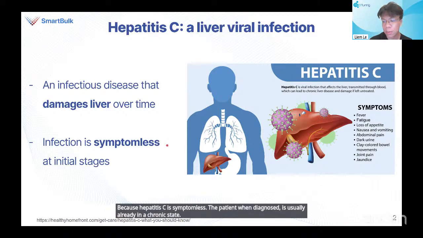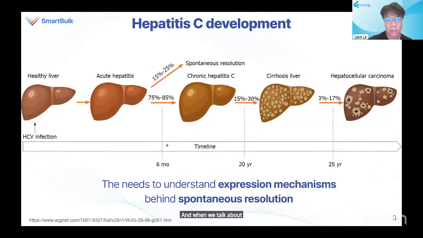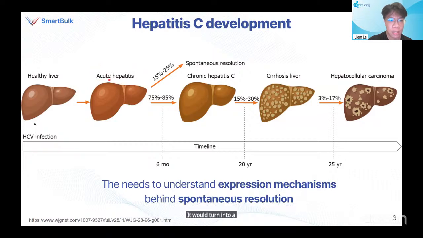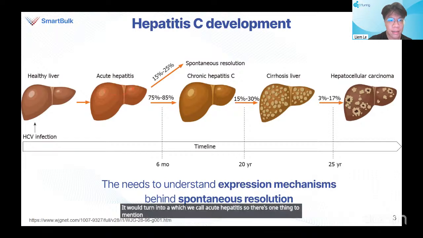And when we talk about hepatitis C development, this is the trajectory of how the disease progresses. So we start out with a healthy liver that gets infected with HCV. It will turn into a stage which we call acute hepatitis. One thing to mention from here is that 25% to 50% of the patients will recover by themselves from the hepatitis C virus, a phenomenon we call spontaneous resolution.